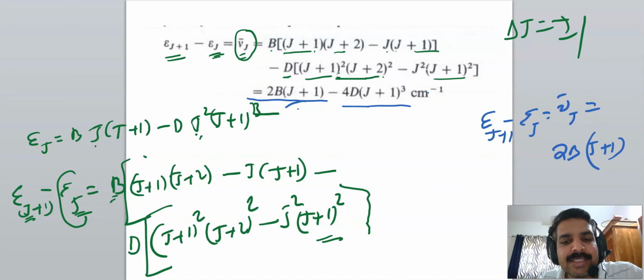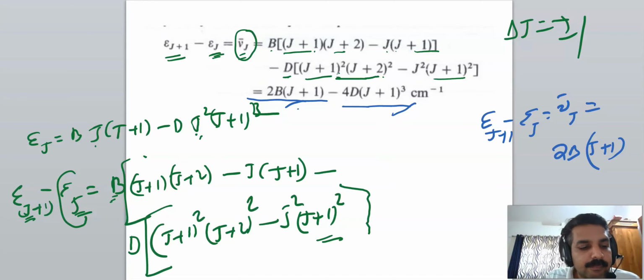The spectrum will be the same as that of the rigid rotor, but the 2B separation between the lines decreases by a factor of 4D into J plus 1 the whole cube. The closing of the levels is proportional to J plus 1 the whole cube, so the higher the J value, the greater the decrease in separation between the lines. We have seen that in the spectrum already.